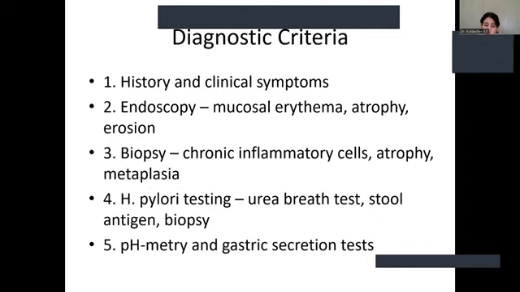Endoscopy is the gold standard of diagnosis. Mucosal erythema, atrophy, and erosions can be seen. Biopsy shows chronic inflammatory cells, atrophy, and metaplasia. H. pylori testing: urea breath test, stool antigen, and biopsy. And the last one is pH meter and gastric secretion tests.